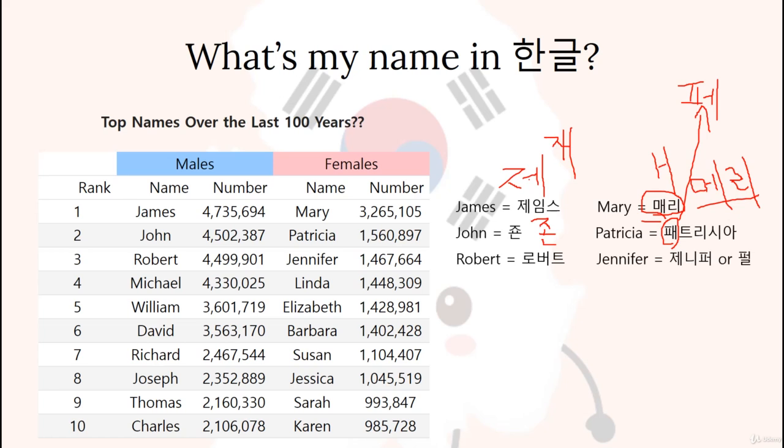A lot of Korean people struggle with pronouncing the F sound. Any words that have F in English, they have to practice a lot. So Jennifer, or Jenni-per is fine too. Okay, next one.